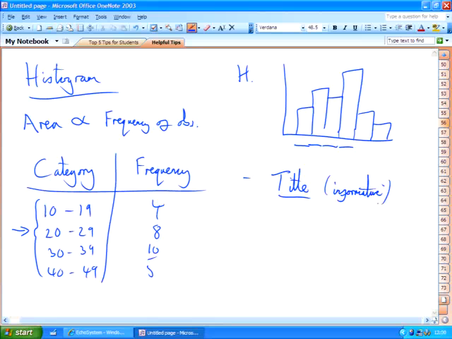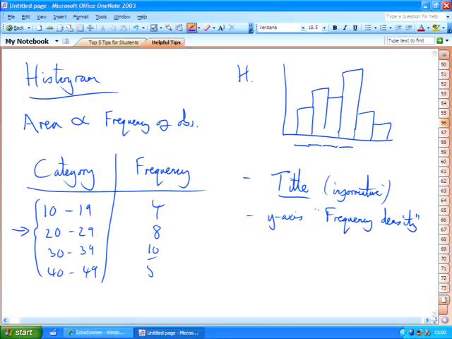Also, you need to label your axes appropriately, and notice that for your y-axis, the title will be frequency density, not just frequency, and that's because of the fact it's the area which is proportional to the frequency of the observations.